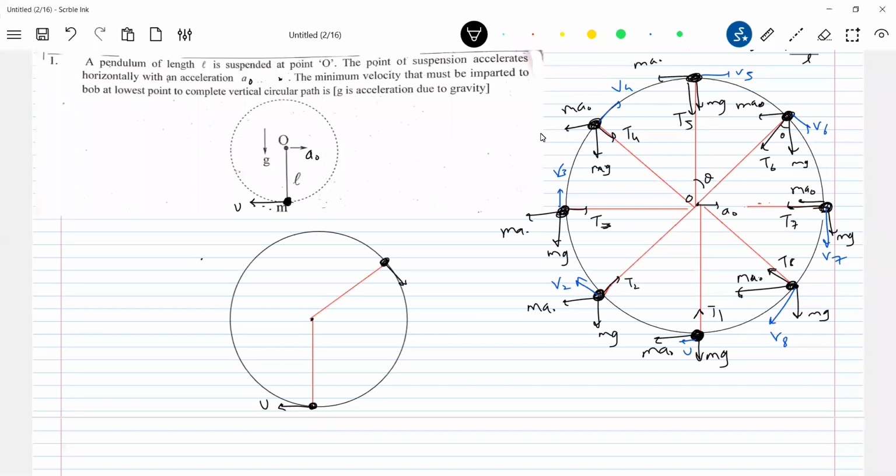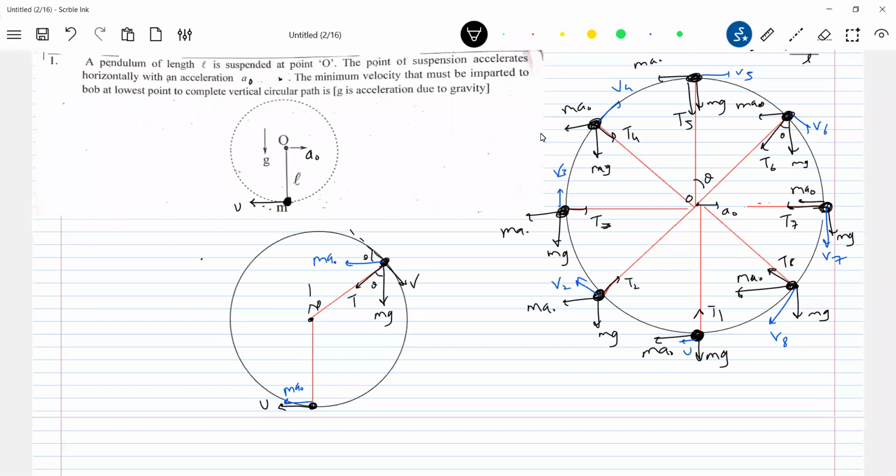And the pseudo force will act towards the left. Let me show all forces acting. Here the pseudo force is ma naught, and let this be mg. Let this be theta, tangential. Here let T be the tension.